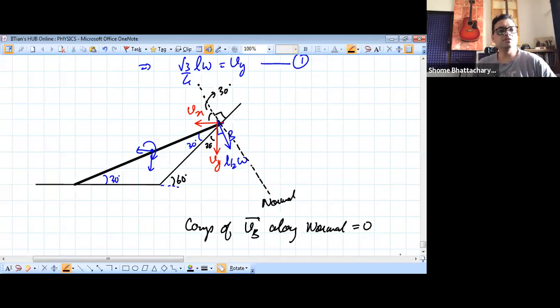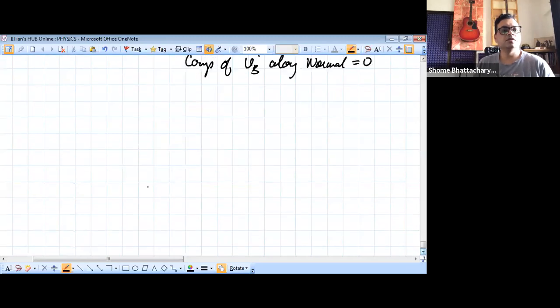That will give you the required constraint relation. So that point V, as you can see, with respect to this surface, is at 60 degrees and its normal.